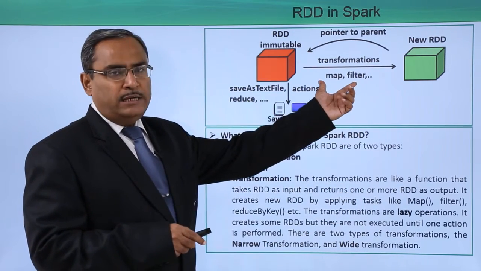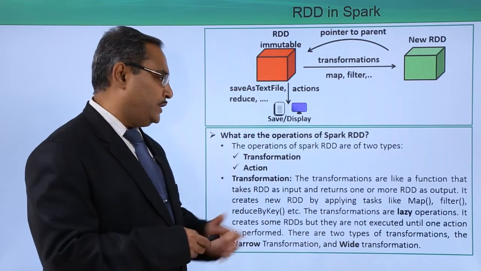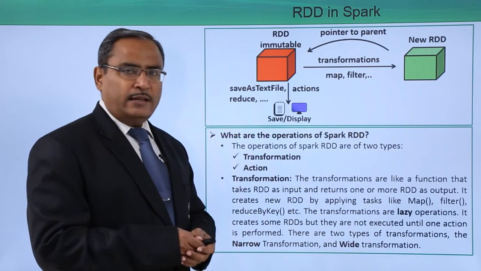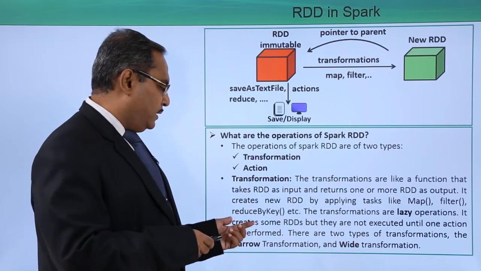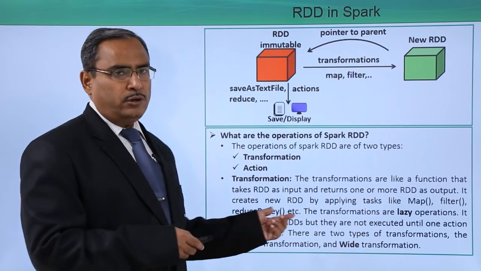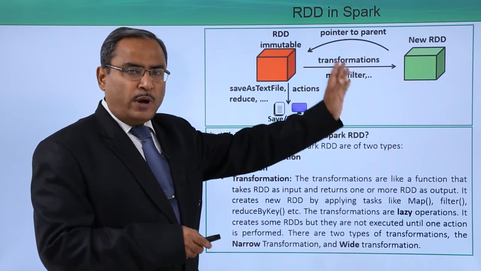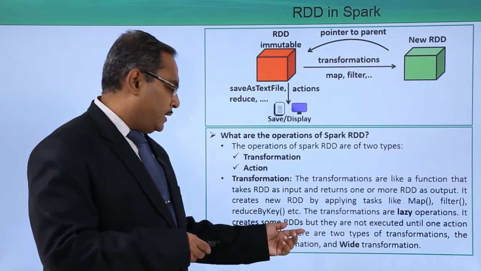Here you can execute multiple different methods. So it creates a new RDD by applying methods like map, filter, reduceByKey, etc. So it will create multiple new RDDs from the parent one.